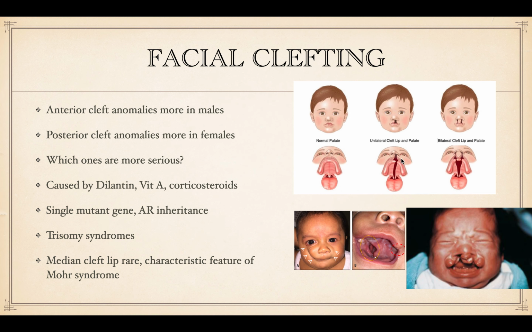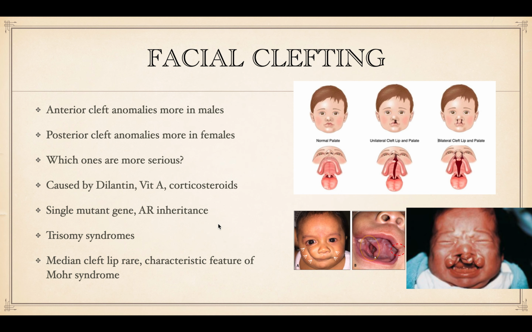However, it is fairly easy to correct with surgery. Posteriorly, there is going to be a greater risk for infection. So back here with that opening, it can travel straight to the brain and kill a child. Also, it is harder to correct with surgery.